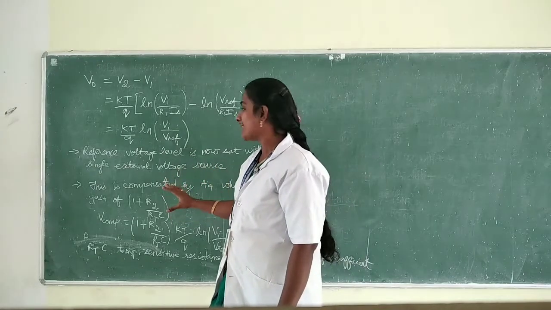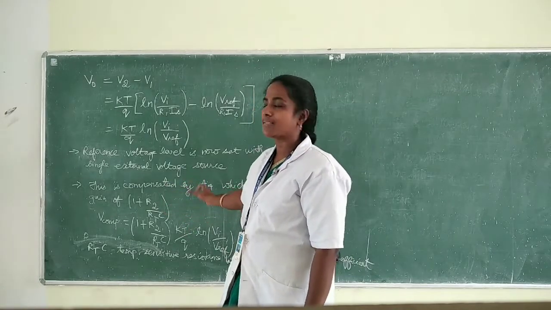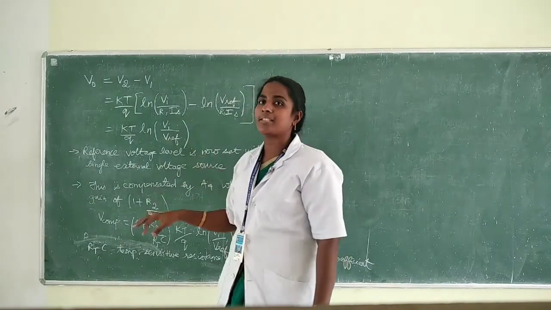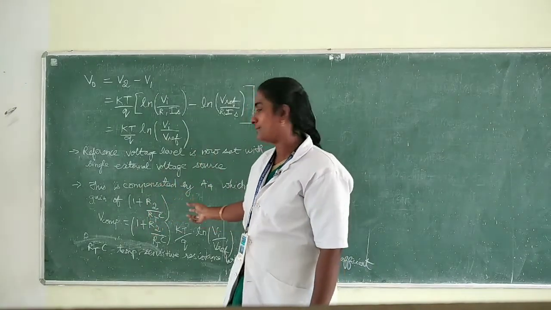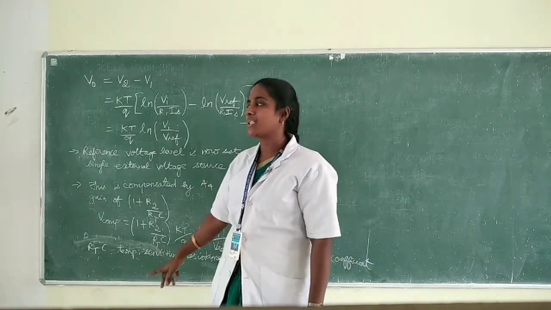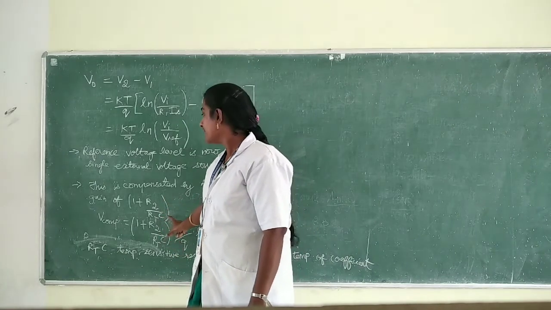Here the temperature compensation is provided by the A4 amplifier, the last operational amplifier, which provides a non-inverting gain of 1 plus R2 divided by RTC.